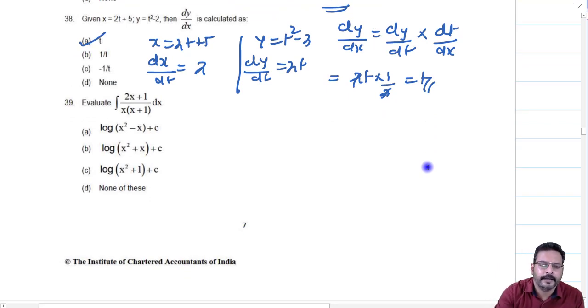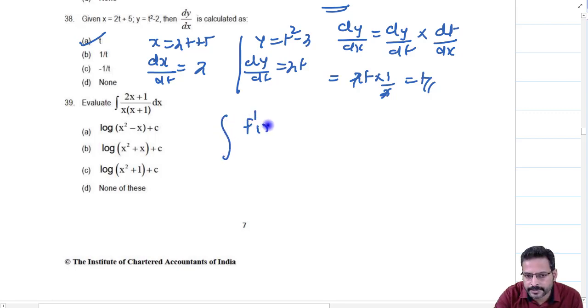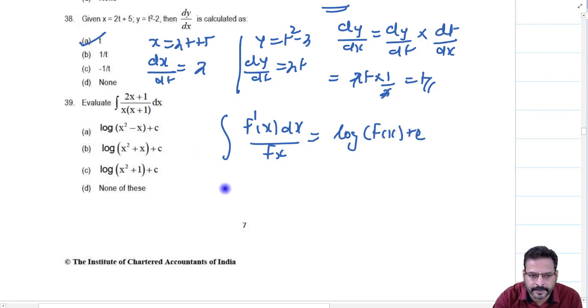Then next question, 39th one. This can be solved directly using the property or the formula: integral f dash x dx divided by f of x is equal to log f of x plus c. Okay. So that means in the given question, the denominator can be written as x into x square plus x.